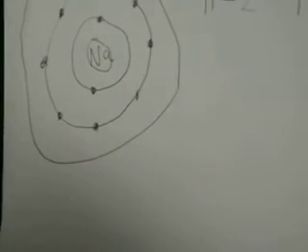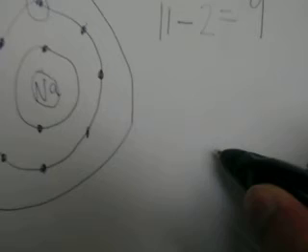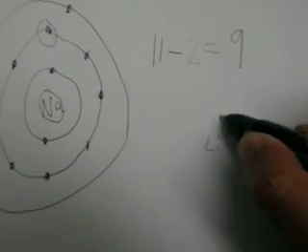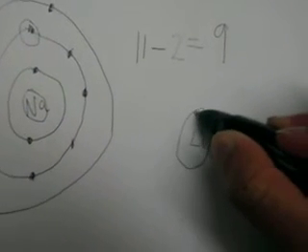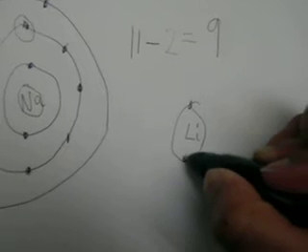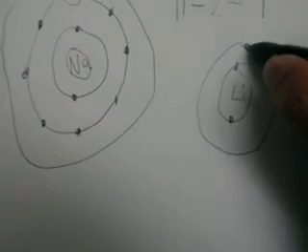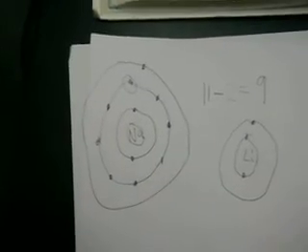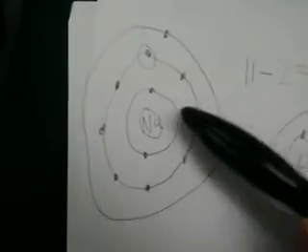Let's draw the Bohr model for lithium. So lithium, we've got our first energy level with its 2 electrons, and then our second energy level with its 1 electron. And so what do you see between these? Sodium is 1 period lower, it's period 3 instead of period 2, and so it has 1 more energy level.